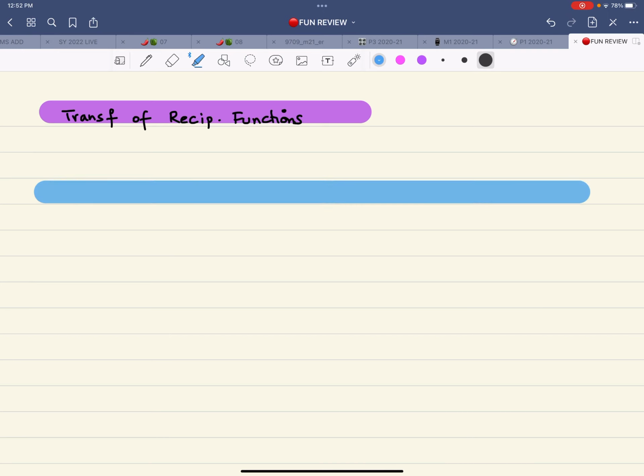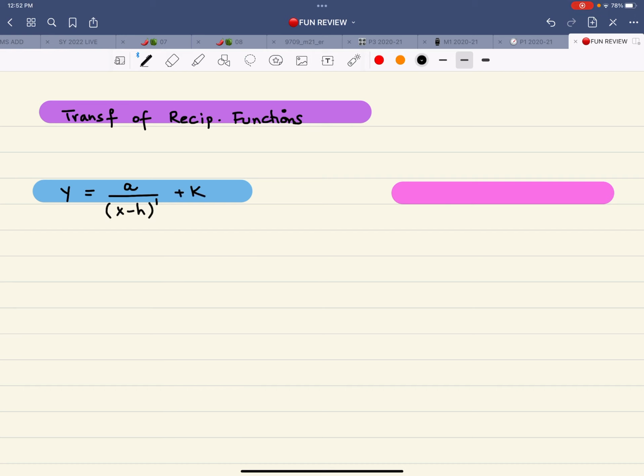Let me write it as two separate ones. y equals a over (x minus h) raised to the power of 1 plus k, versus y equals a over (x minus h) raised to the power of 2 plus k.